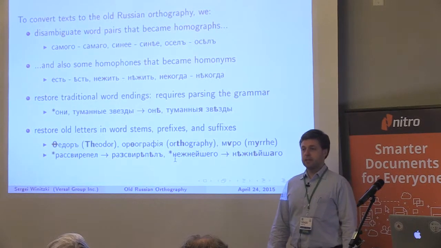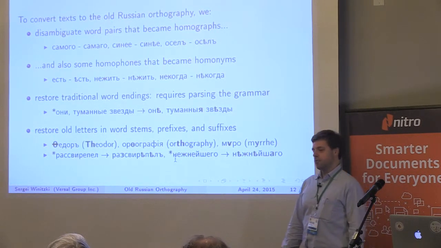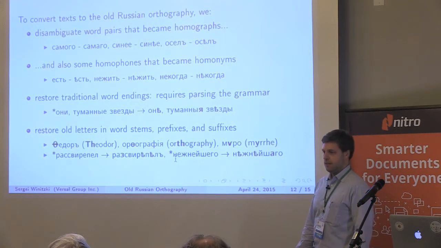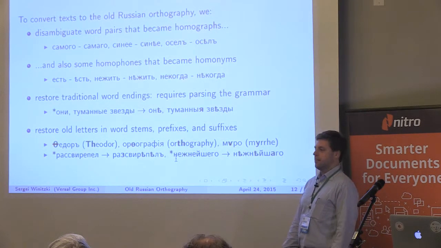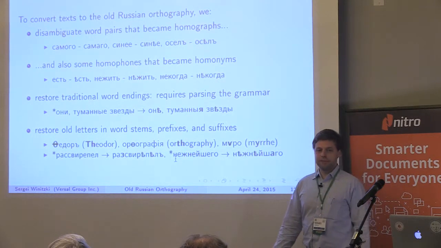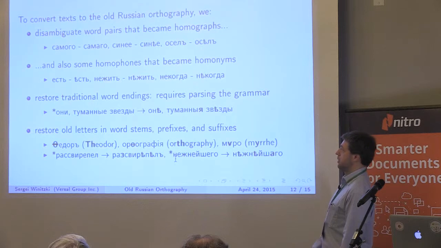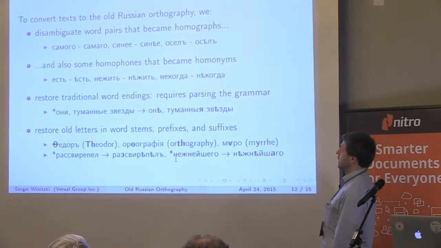Just like the example I gave you on the other slide, when you write "made" with M-A-I-D, that creates an ambiguity that didn't exist before in the language. And so a lot of these examples now had to be disambiguated in some way.